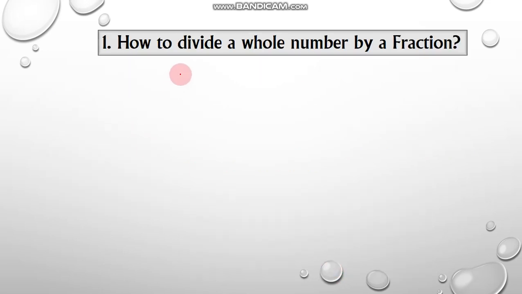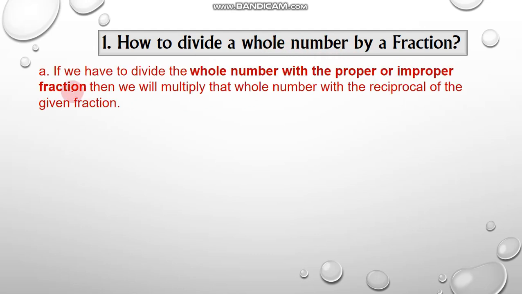Now let us understand some cases of division of fractions one by one. This is the first case. How to divide a whole number by a fraction. If we have to divide the whole number with the proper fraction or improper fraction, then we will multiply that whole number with the reciprocal of the given fraction.